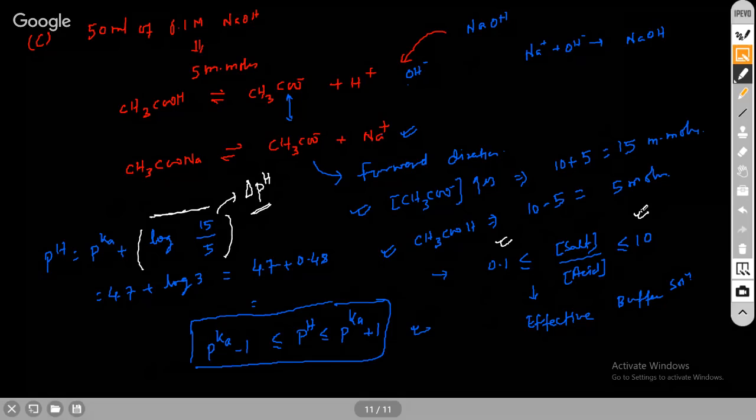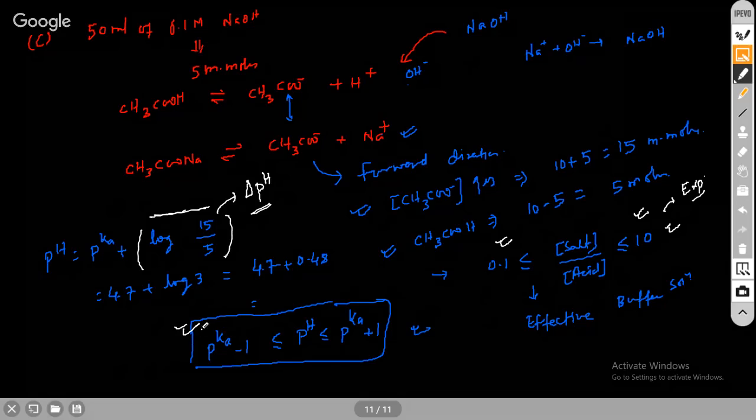Sometimes they ask this question also. When you put this ratio 0.1 and 10 into this particular formula, you'll get the range of pH. This is actually the experimental value we have. Okay, 0.1 to 10, keep this in mind.